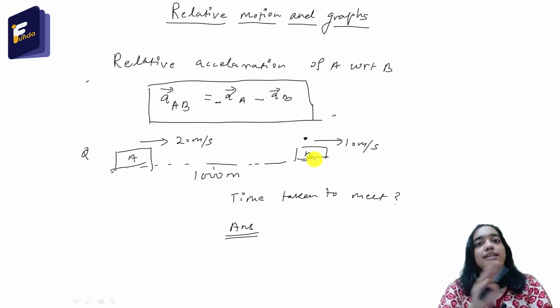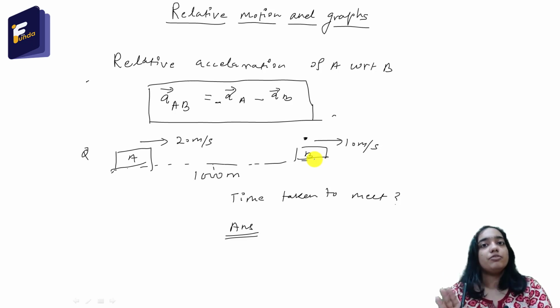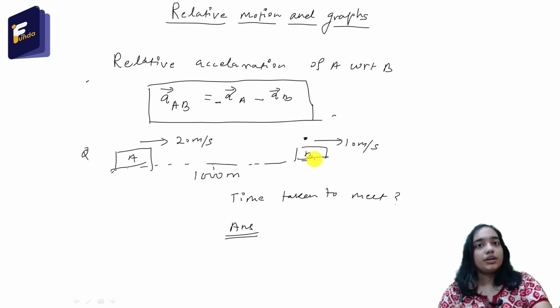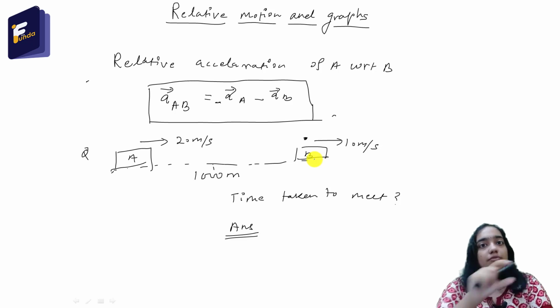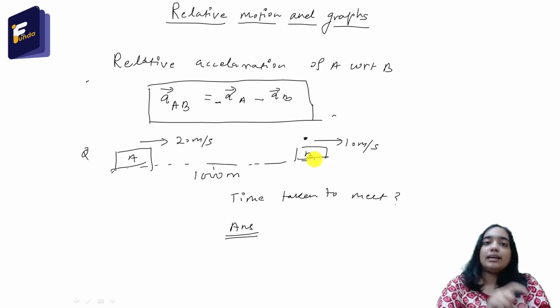The time is the same for whatever frame we choose, whether we see it from the ground frame or use the relative velocity of A with respect to B. So this thing we have to remember, and that time we are going to use in both frames. If we use relative velocity or we don't, we always know that time is the same.